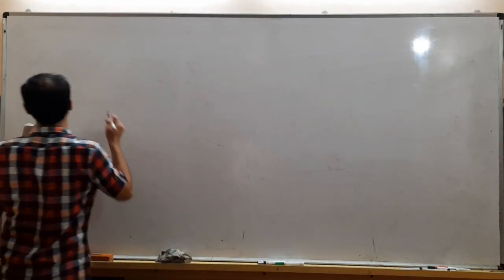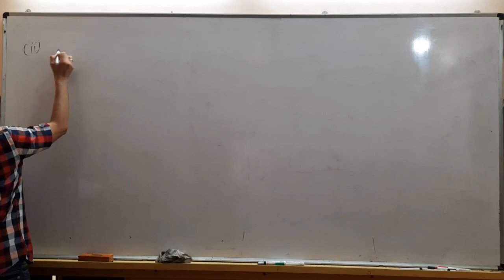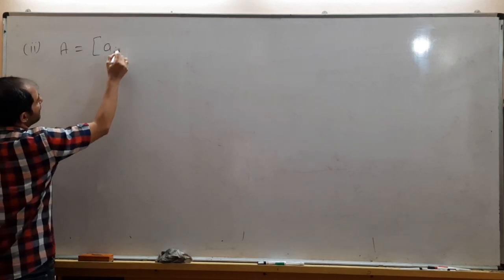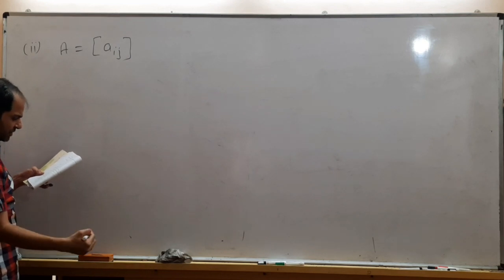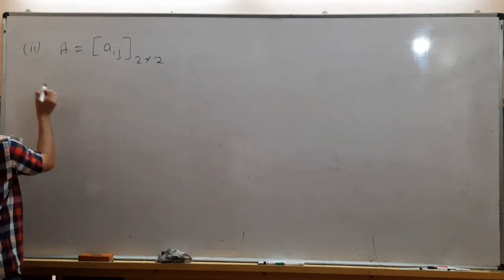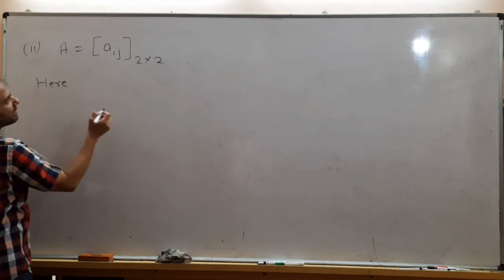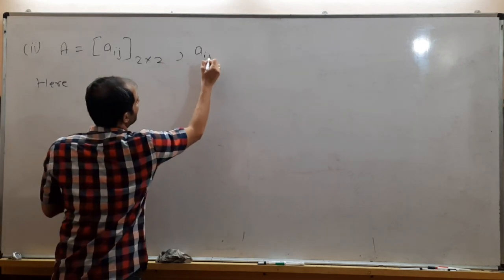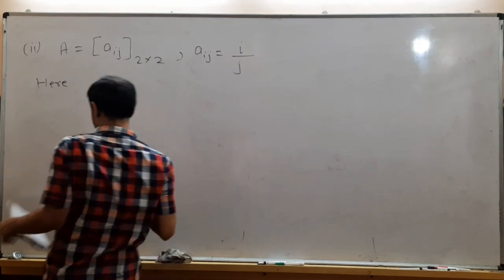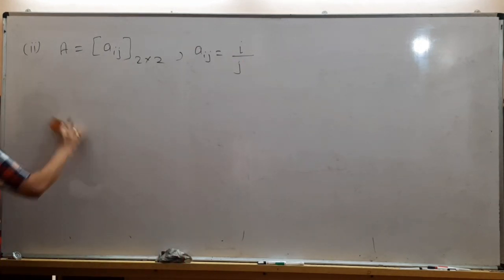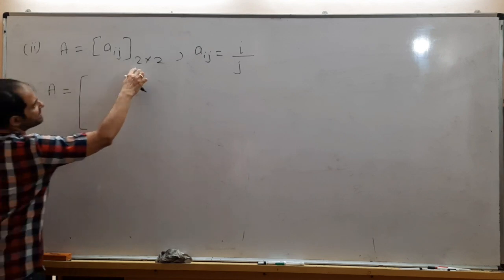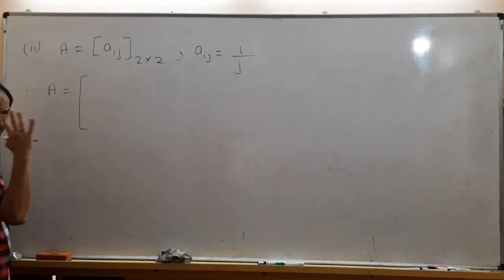Second one is, in the second one, A equal to Aij. I'm giving the same question number 4. A is equal to Aij. It's a 2 cross 2 matrix, and here the Aij formula is given as I upon J. So obviously we know A has to be, since it is 2 cross 2, A will have 4 elements.